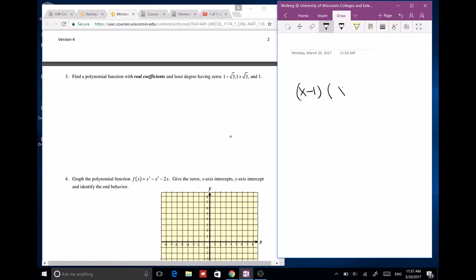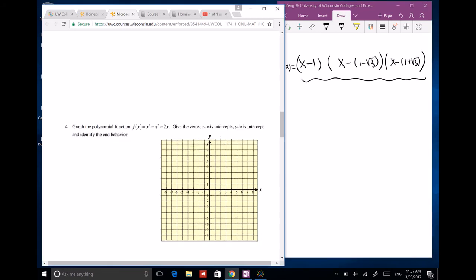And x minus (1 minus the square root of 3) is one of the factors. x minus (1 plus the square root of 3) is a factor. So this is the polynomial function. Have 3 roots, 3 zeros. So you need to simplify it.